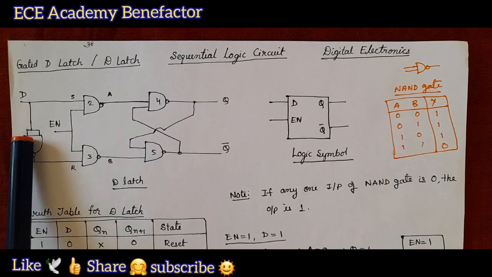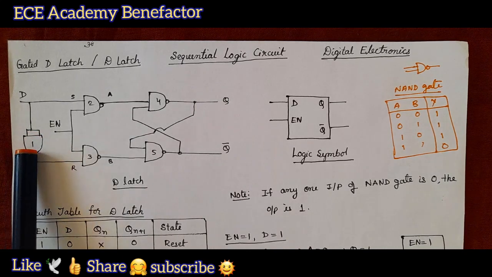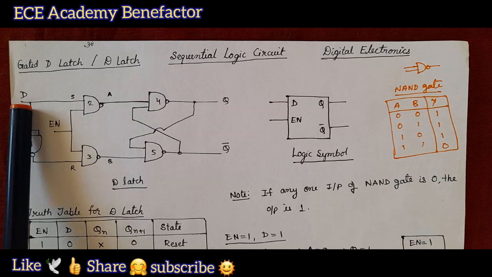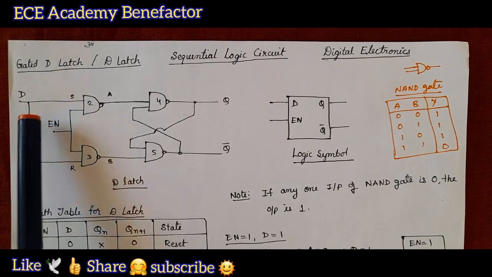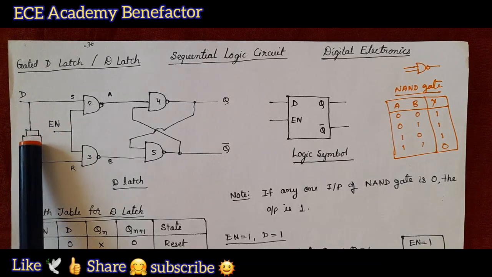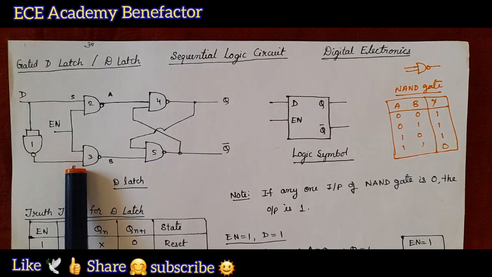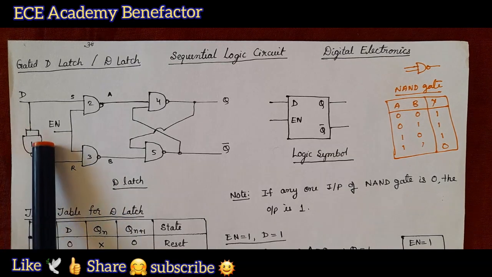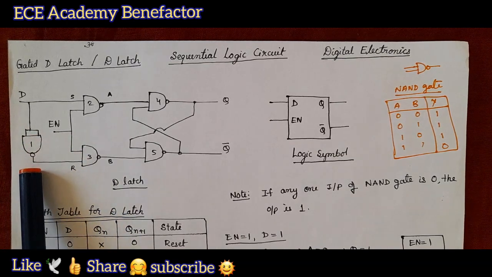When we connect both the ends of the NAND gate, it becomes a NOT gate. So, the D input is directly given to the S input and D input passing through a NOT gate is given to the R input.